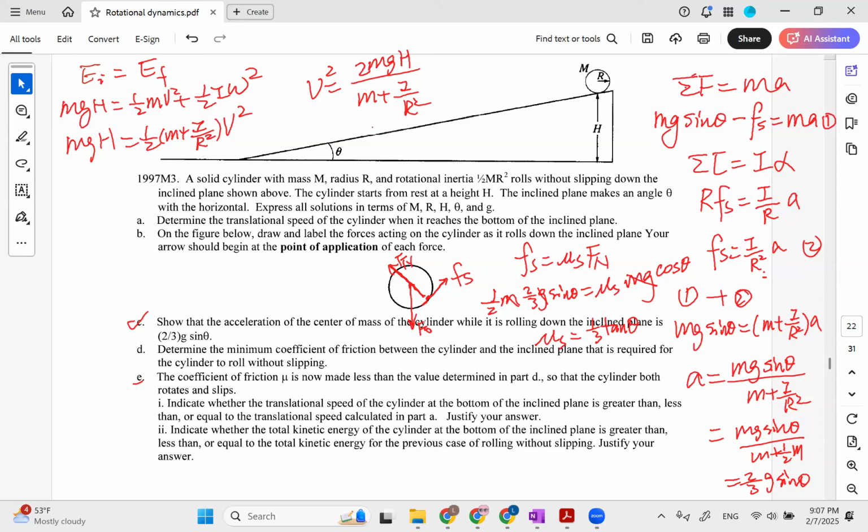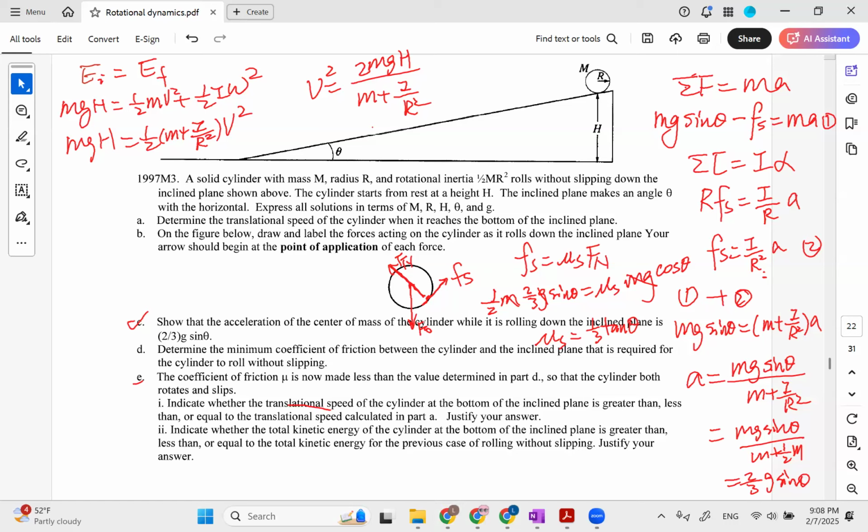Question I. It would be greater. Translational speed will be greater.